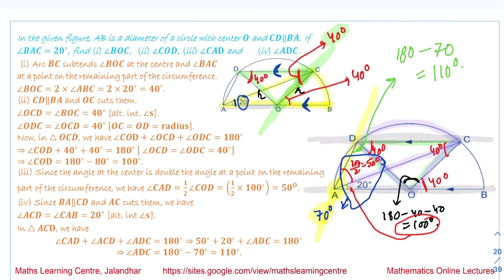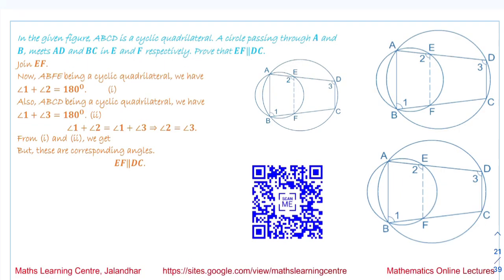Now next in this figure, ABCD is a cyclic quadrilateral that is given to us. Cyclic quadrilateral means it is lying on this circle.